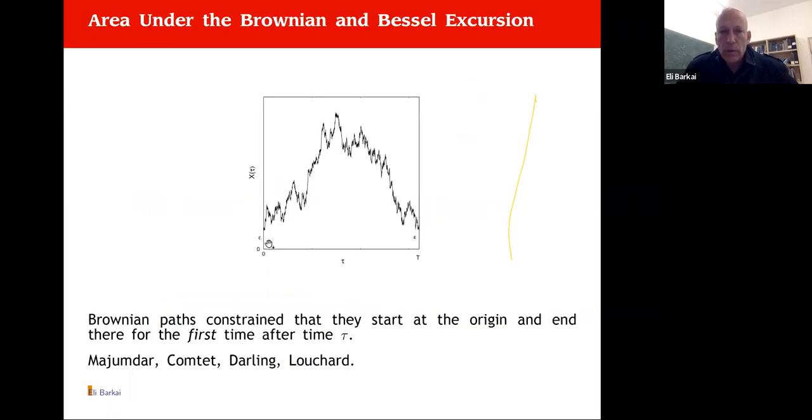So how do we do this? Here we have something that was also introduced by other people, Majumdar, Comtet, Darling, and Bouchaud, both in mathematics and physics. How do you calculate the area underneath random curves? These gentlemen were focusing mainly on Brownian motion, and we are dealing with the Bessel excursion.